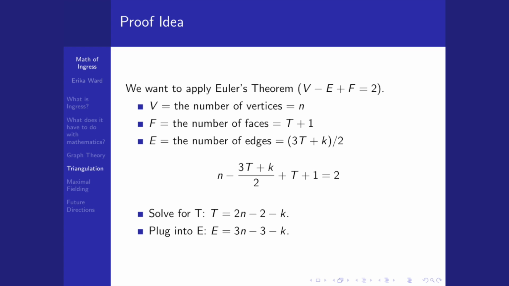Then it's just algebra. Now you're just rearranging stuff a little bit. So to figure out a formula for the number of triangles, solve for T, and you get what the theorem says. Take that T and plug it into the equation up there for edges, and you get edges in terms of N and K.